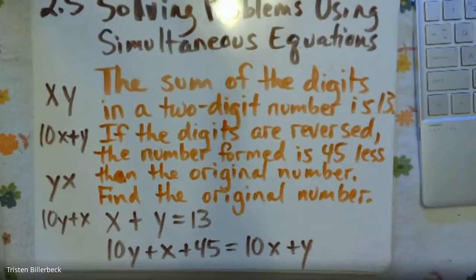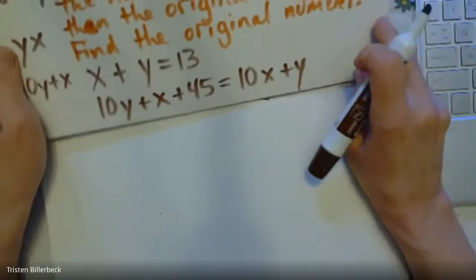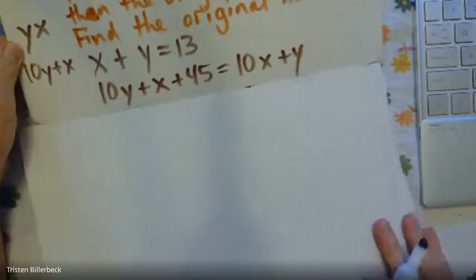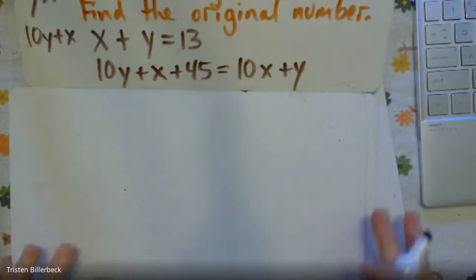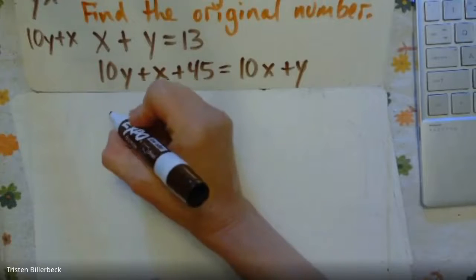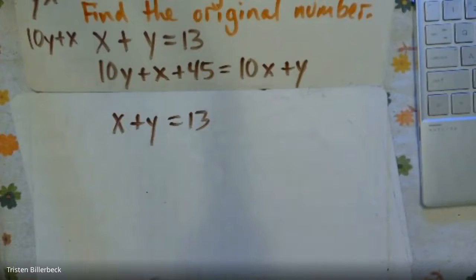To solve for two variables, we need two equations. So first we want to take this equation here, x plus y equals 13, and solve for one of the variables. So we can do substitution.